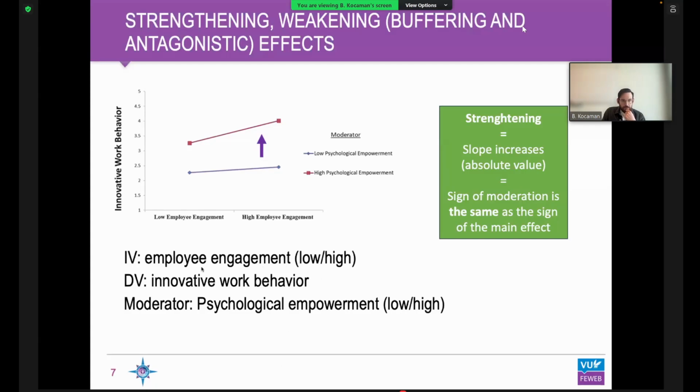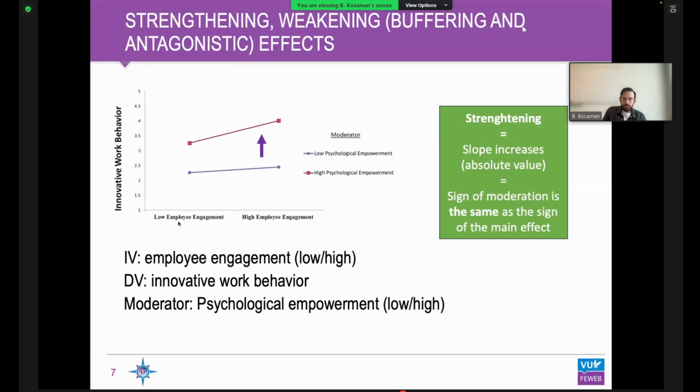In this case, one dummy variable is employee engagement, the other one is psychological empowerment. So both the independent variable and the moderator are dummy variables. When you have a moderator, you can graphically represent this.